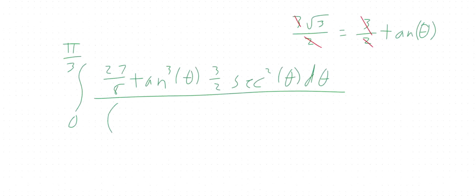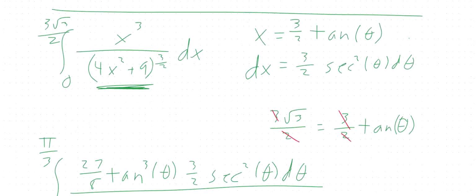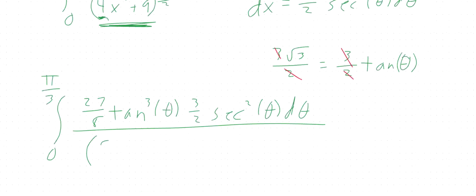When we square this, we're going to get 9 over 4 tangent squared. So that 4 will cancel the 4 in the denominator. Left with this raised to the 3/2 power.